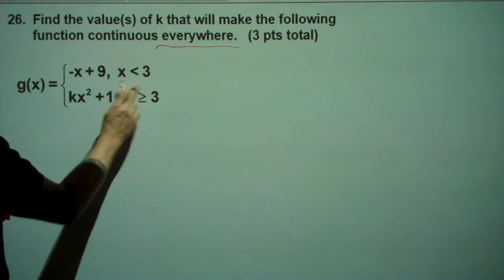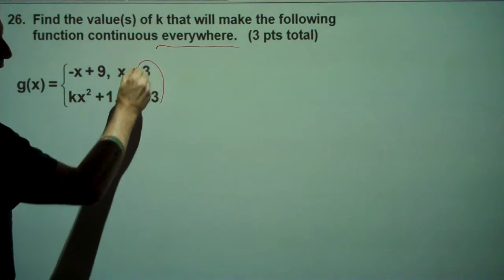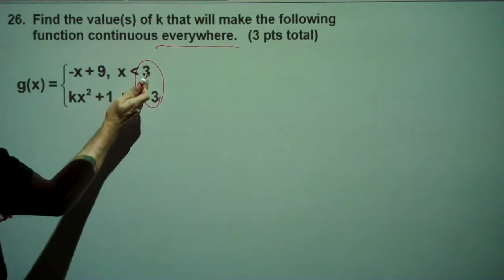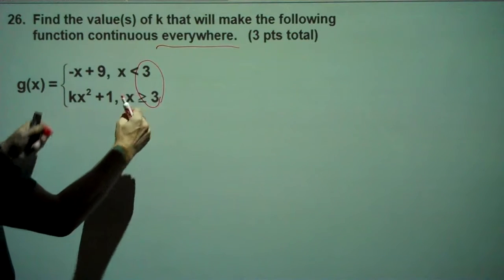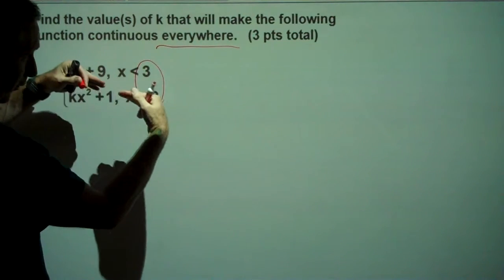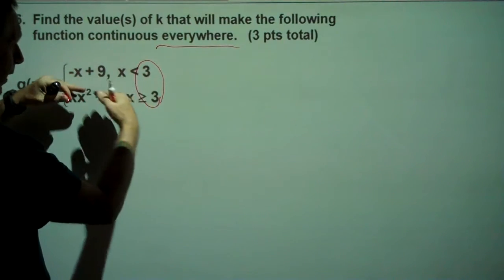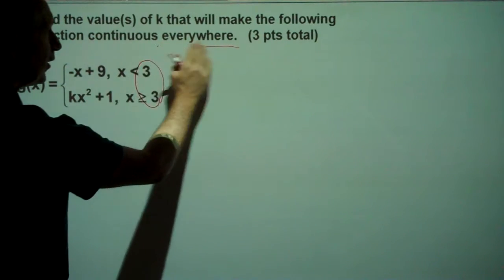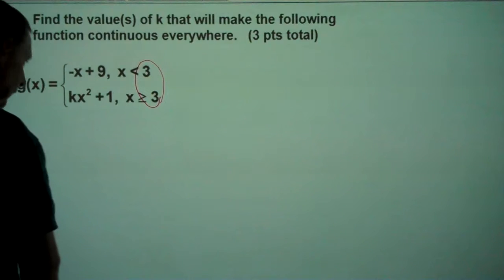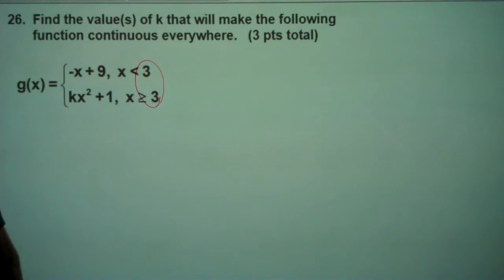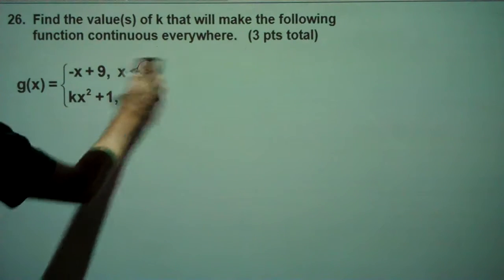But the point of importance here is where x equals 3, because at x equals 3, these two pieces need to be joined to make this piecewise function itself continuous everywhere. And in order to have continuity, three things have to occur.